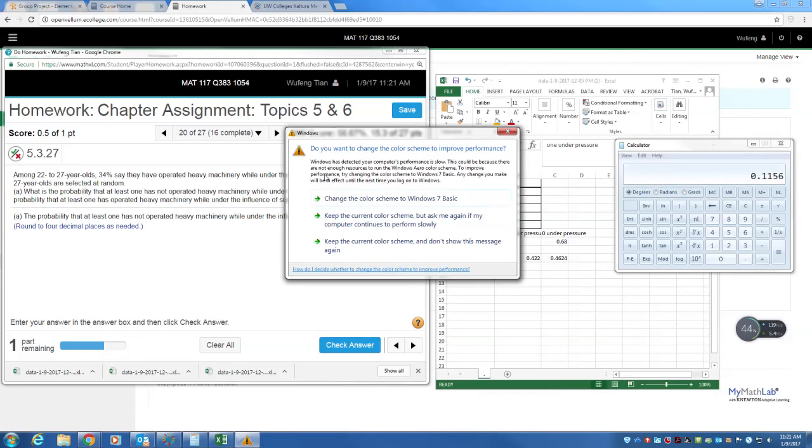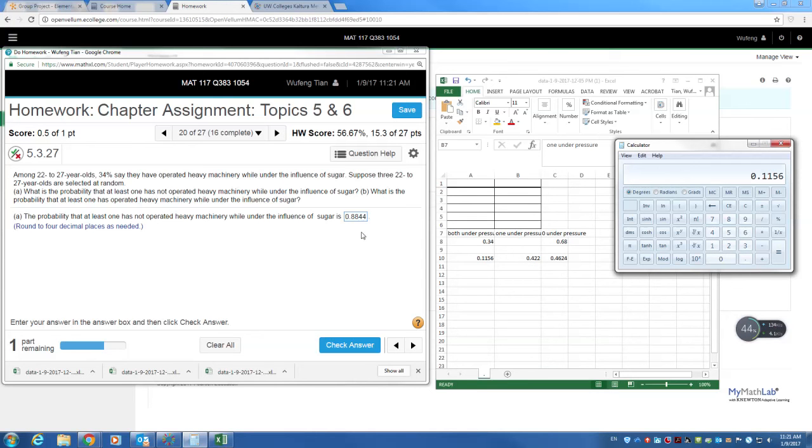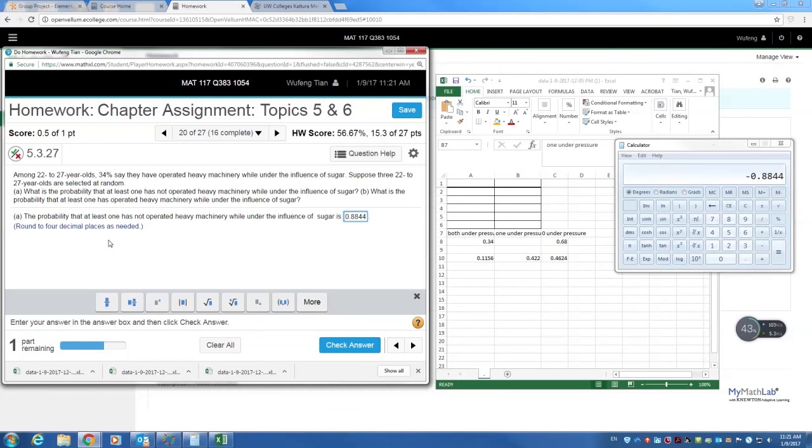At least one means 1 minus the probability both are under the influence of sugar. So it's 1 minus 0.34 times 0.34, which gives 0.8844, rounded to 4 decimals as needed.